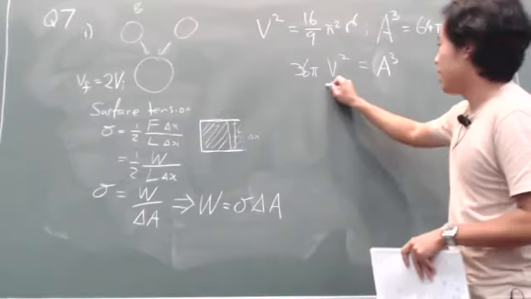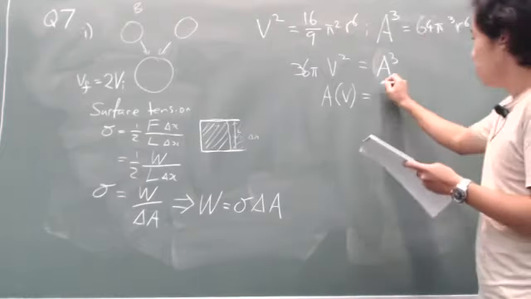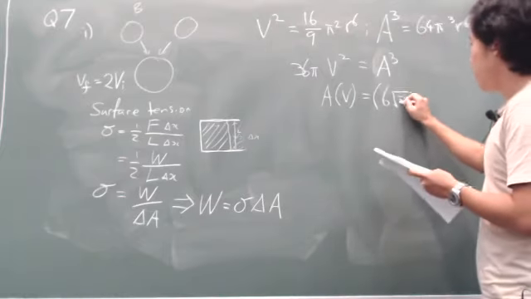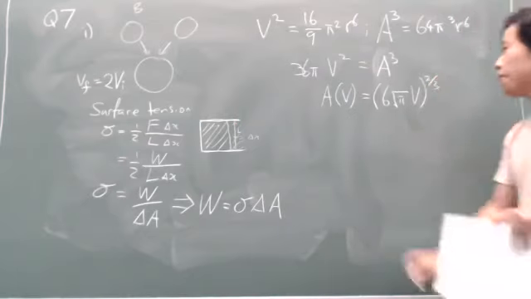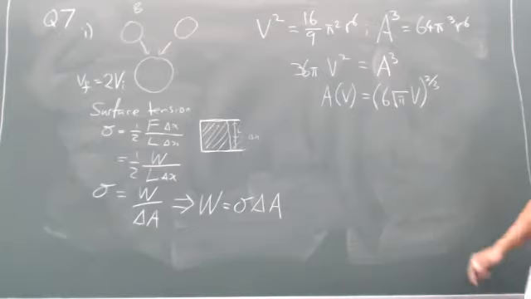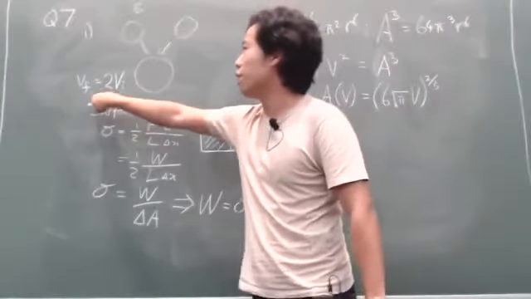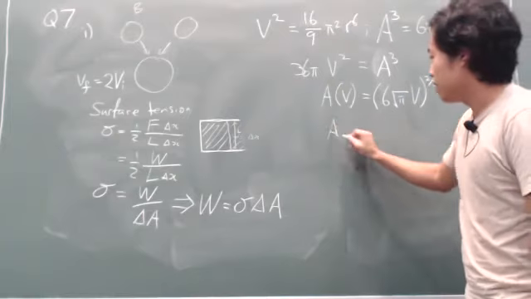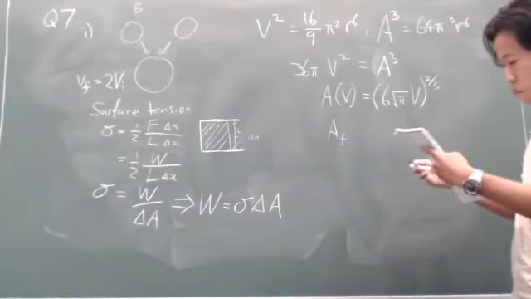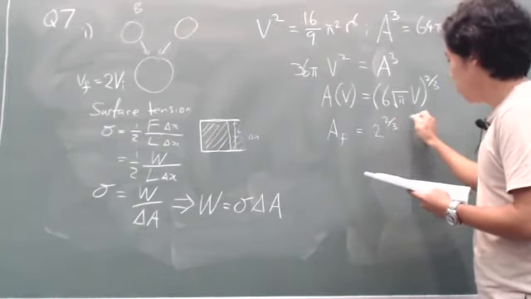So then now you can write area as a function of volume: A is equal to 6 root pi times the volume to the power of 2/3. So given this formula for the area in terms of volume, if we went from the initial volume to a final volume that's double our initial, we can see that the final area is equal to 2 to the power 2/3 of the initial area.